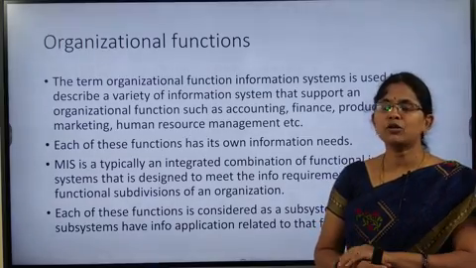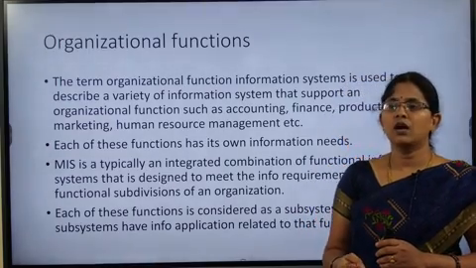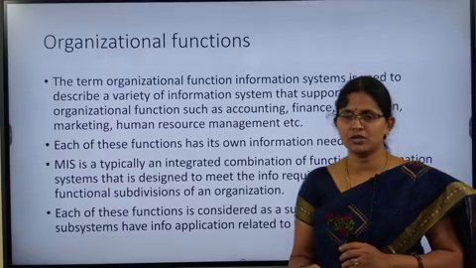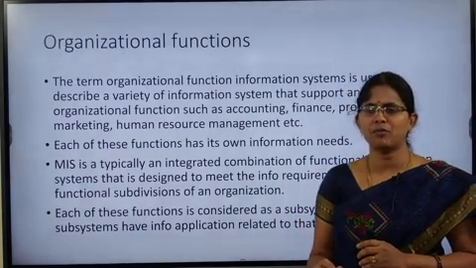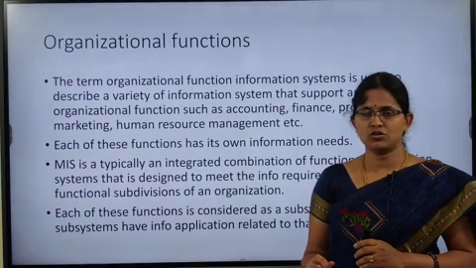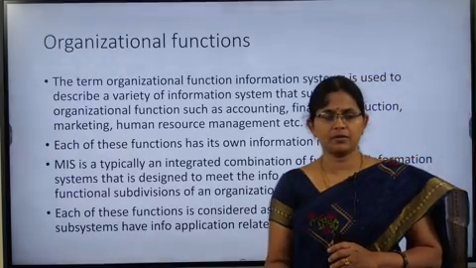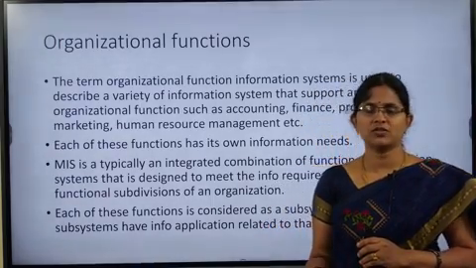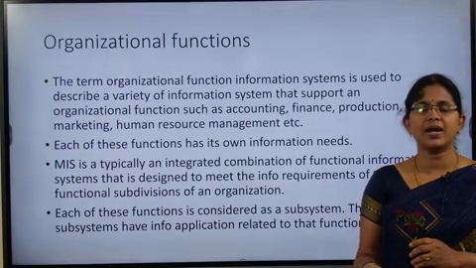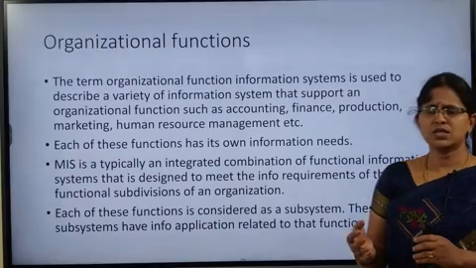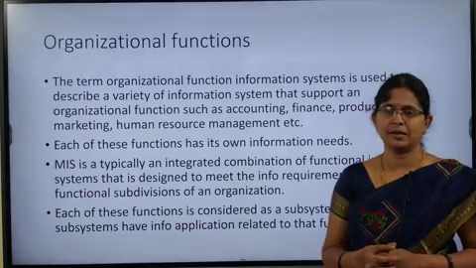While coming to the operating functions, we have procurement, human resource planning, recruitment, selection, transfer, promotion, job evaluation, job satisfaction, and finance, accounting, marketing, selling, advertising, distribution, supply chain. So like this, a huge number of operational functions are there.